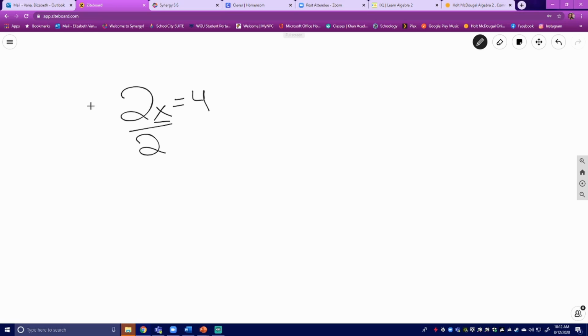So I need to divide each side of the equation by 2. So now 2 divided by 2 is just 1, so here we're left with x. And 4 divided by 2 is 2. So x equals 2. What we did to one side of the equation, we had to do to the other.